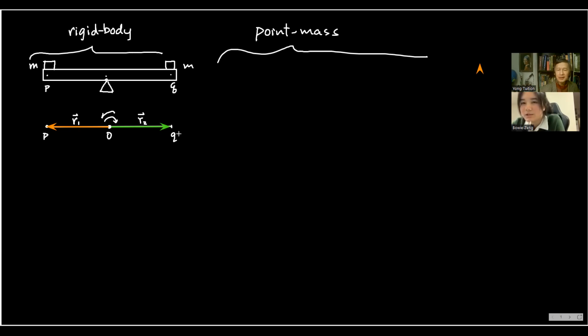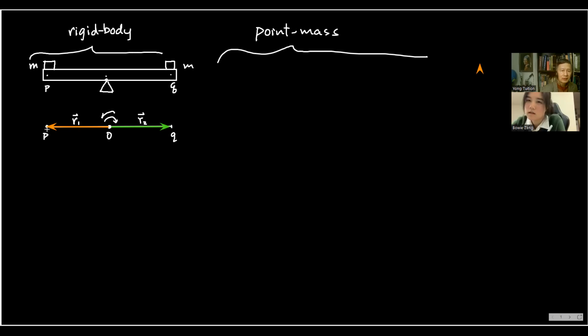In this case, we consider another simplification: this beam has no weight. So it doesn't have gravitational force. We only consider the normal force acting on it. Can we draw these two forces here?